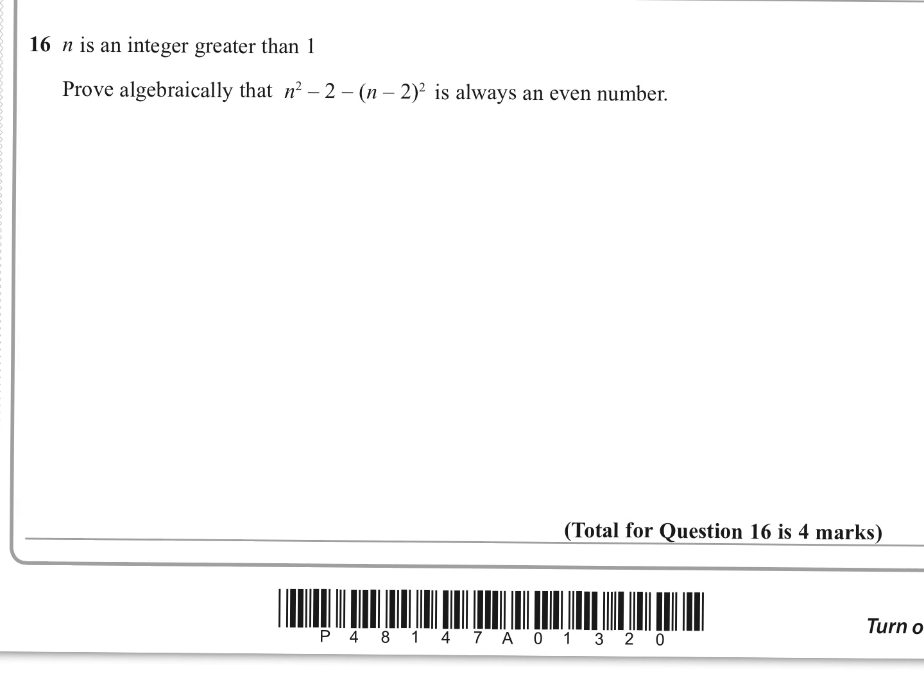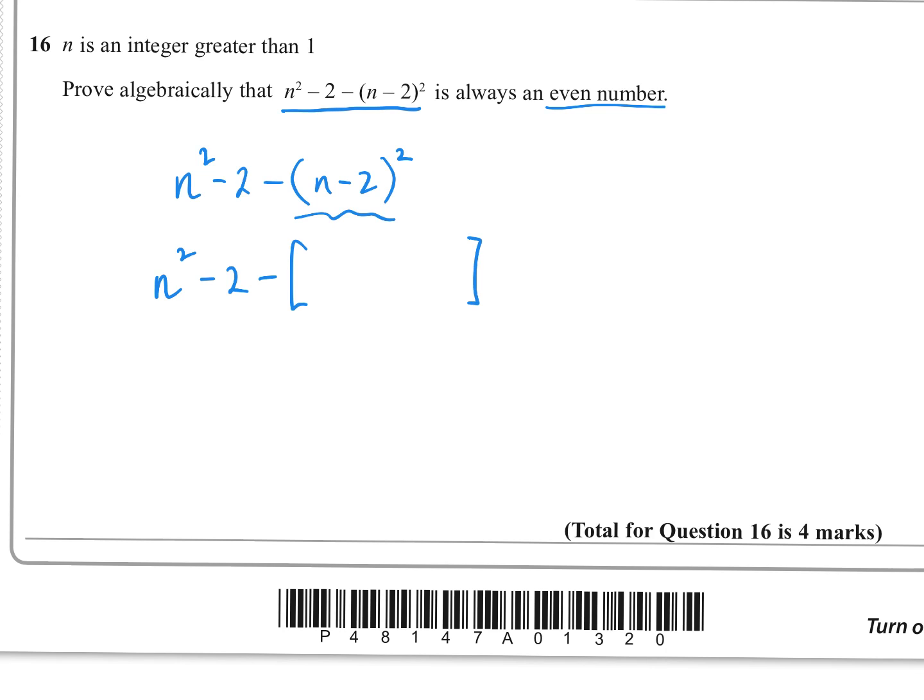Question 16. It says that n is an integer greater than 1, so a whole number greater than 1, and we've got to prove that this expression is always an even number. So let's have a look. Well, let's try expanding this part and see what happens.